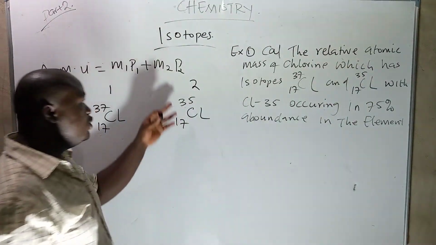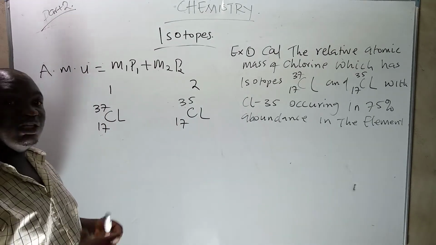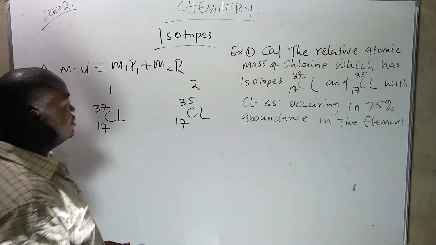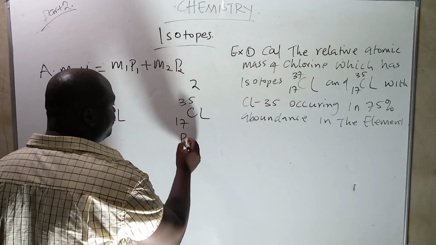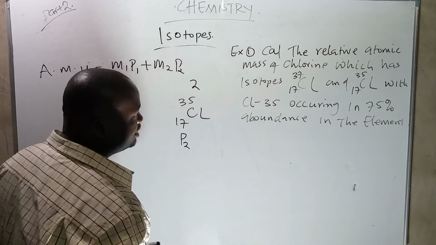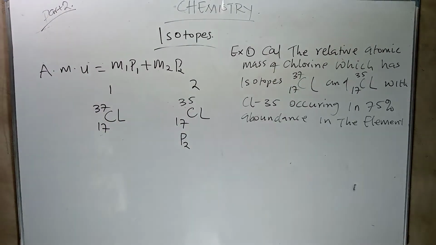Please always know that P1, which is a percentage, is always given in percentage. And so they gave you P2, right? From the question, they said the chlorine with the atomic mass of 35 occurs in 75%.